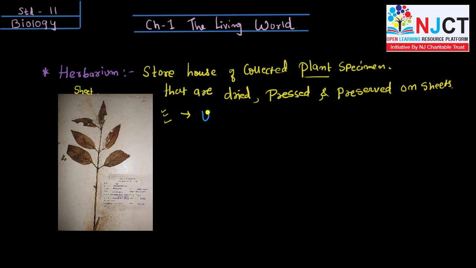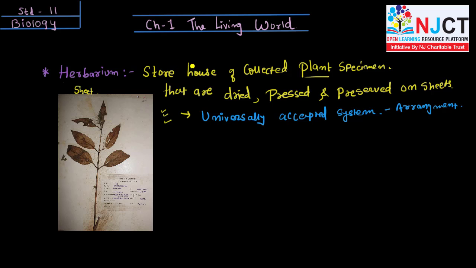Yes, okay. So how are they going to arrange it? It is a universally accepted system. And you have to go by the system. Okay, you cannot arrange sheets your own way. So the arrangement is on the basis of a universally accepted system.